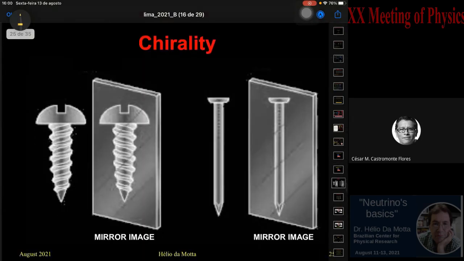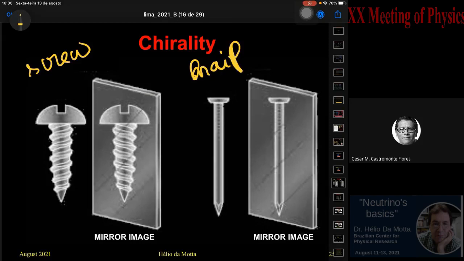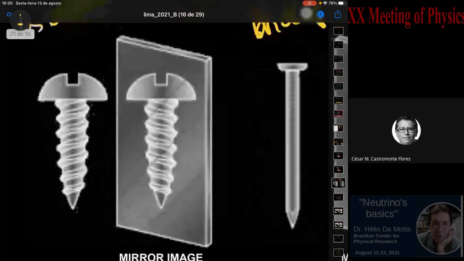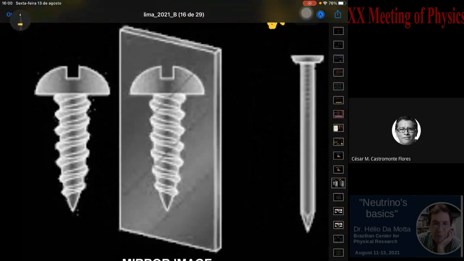Let's see here. I have two situations here. Here I have a screw, and here I have a nail. Okay, and here's a mirror. Now pay attention here. If you see the image, the reflection of the screw in the mirror is not like the screw itself.